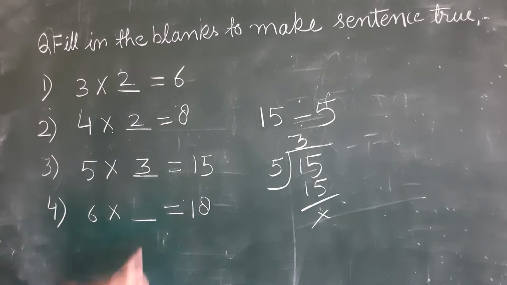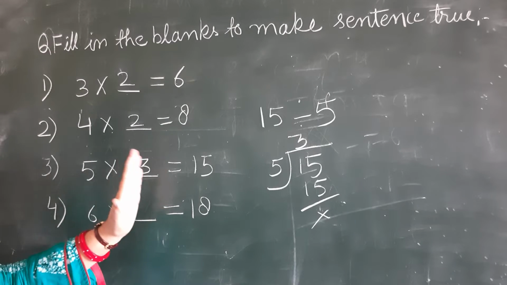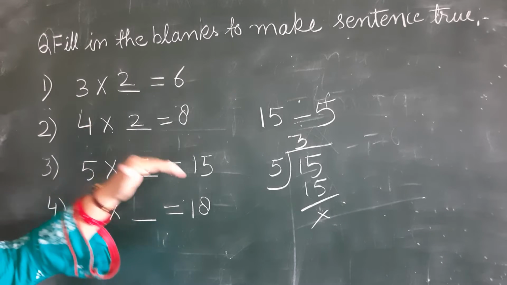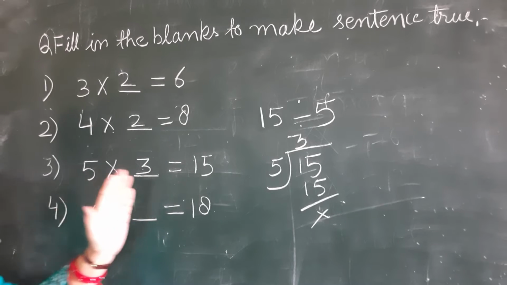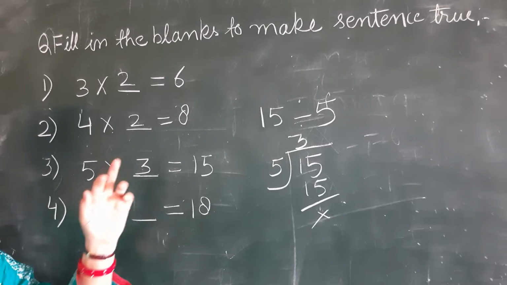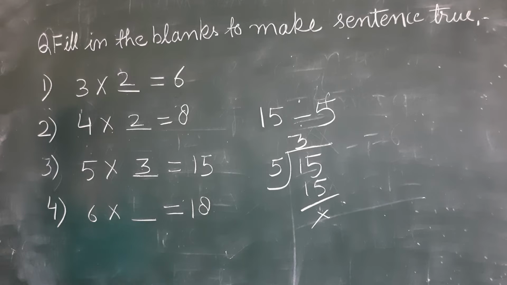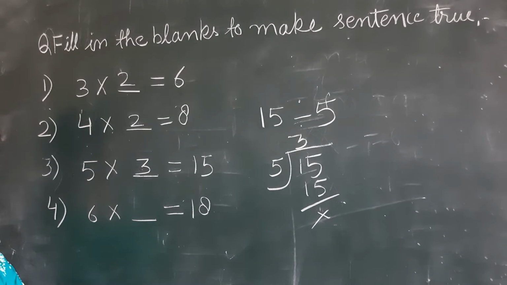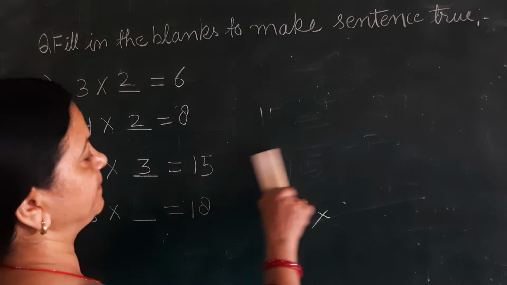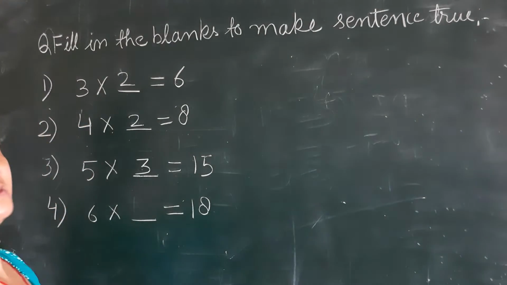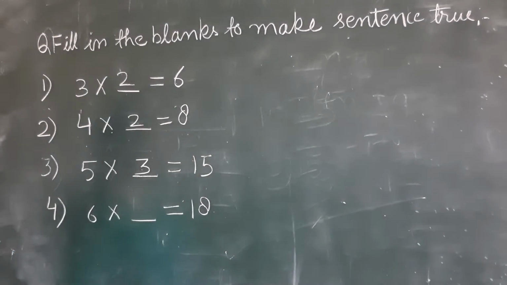We have to find the digit such that the product of the two is equal to this. This is very interesting and very easy, and once you understand it, you can do it also. And for this you must know the tables.